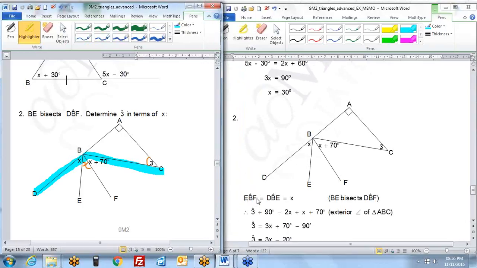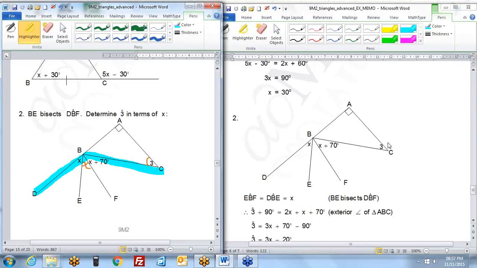Angle EBF, this angle marked in orange there, x, equals angle DBE, because BE bisects angle DBF. So that just means BE is halving angle DBF into half. So it's x plus x.